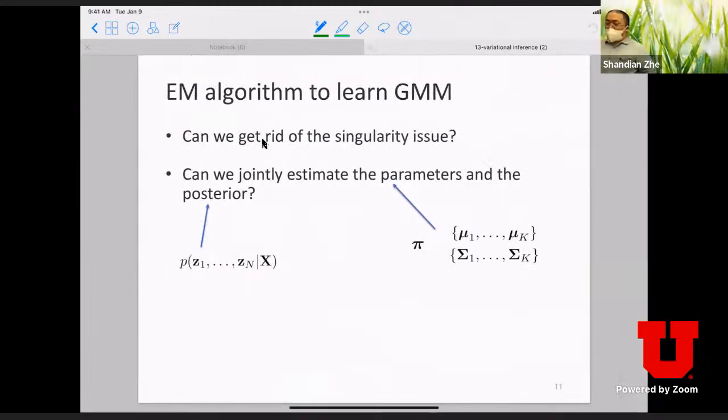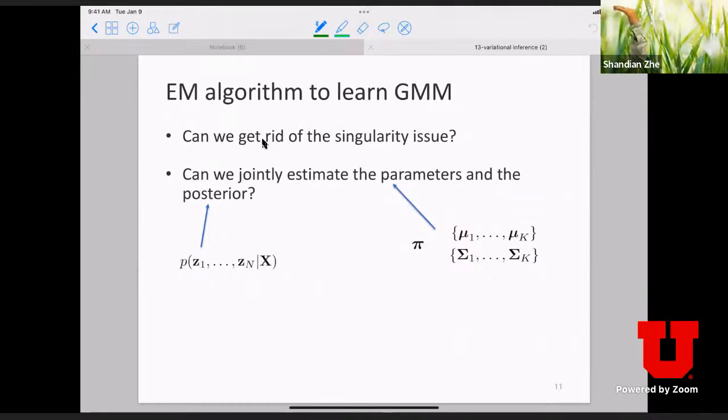So the question is, how can we avoid this problem? A straightforward strategy is to consider the cluster membership jointly, right? Not just marginalize it out, because the problem is caused by marginalizing out the cluster memberships.